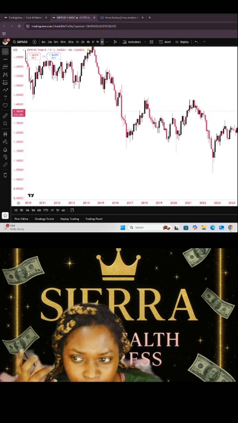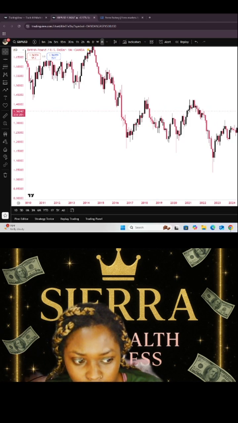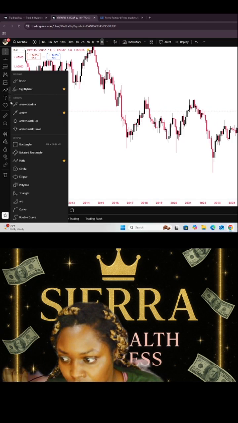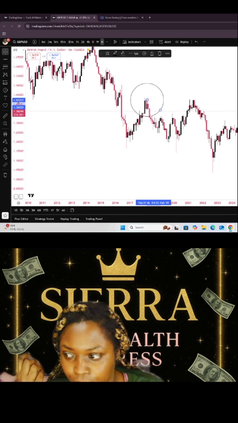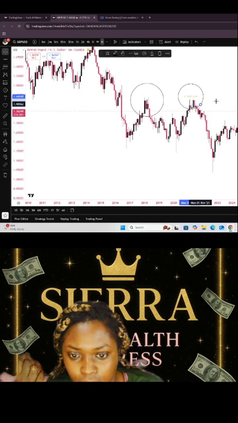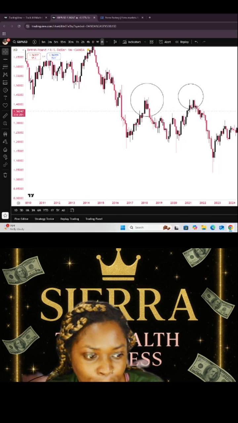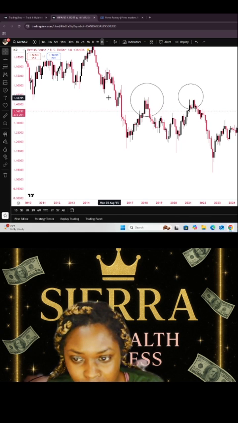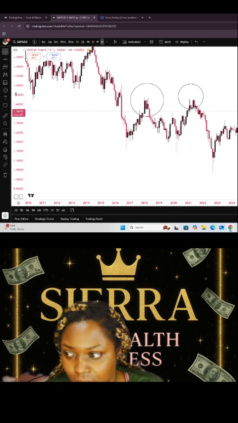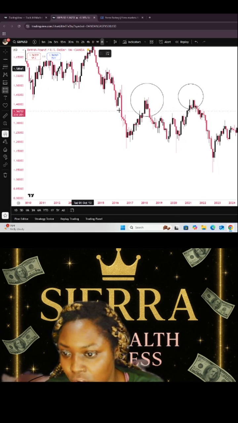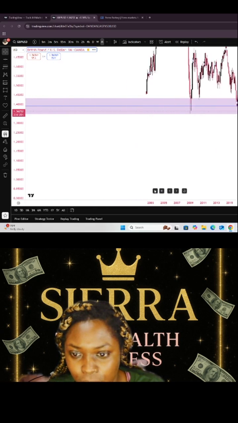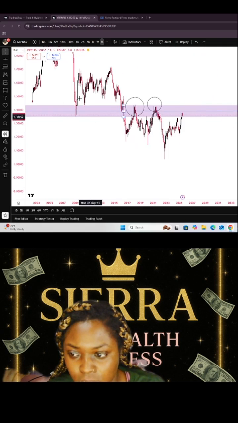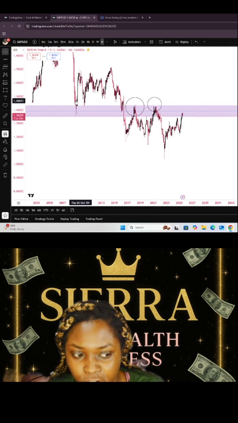I wish I could give y'all annotations to draw. But automatically my eyes are pulled to right here and right here because I see rejection, right? And then if I look over, I have a fair value gap. So this is going to be my first zone I'm going to mark. And if I zoom out, we can see price also respected this area over here.